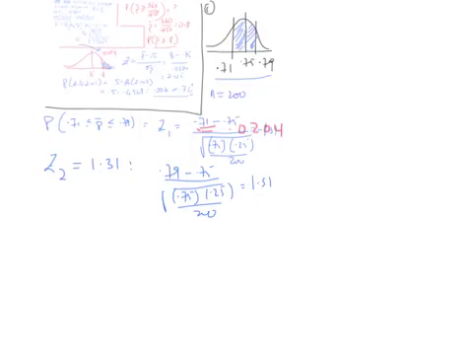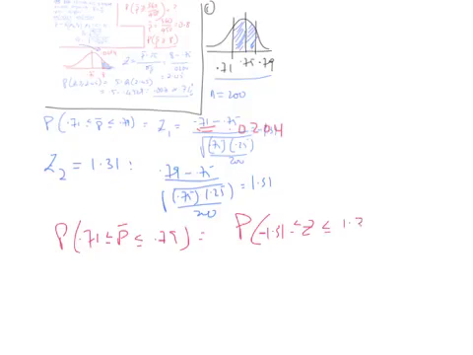So the probability of p bar being between 0.71 and 0.79 is the same as the probability that Z lies between negative 1.31 and positive 1.31.